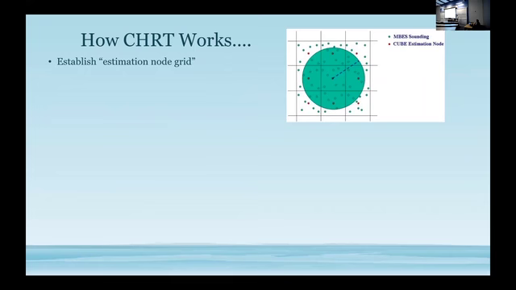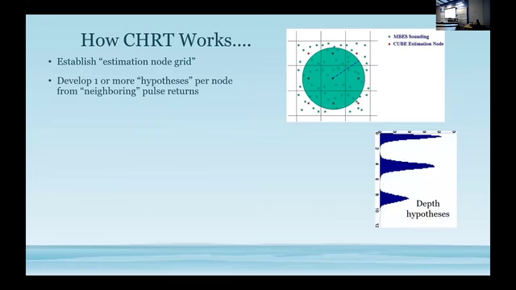And those become what are called estimation nodes. So for each of those nodes, it takes a neighboring area and starts looking at those points and basically accumulating a frequency graph to say, these are the clusters that we're finding.